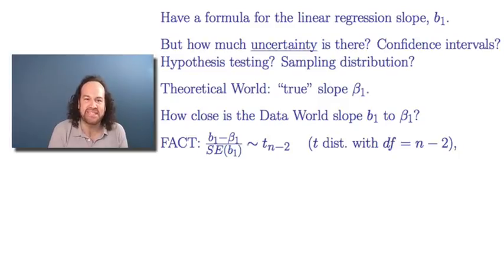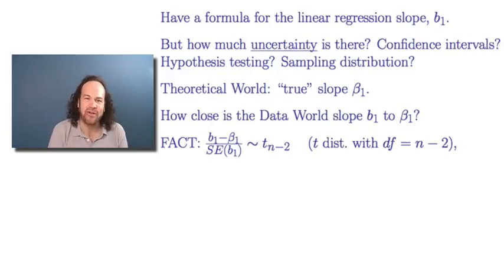In this case, it's a t-distribution with n-2 degrees of freedom. We kind of lose 1 degree because we don't know the slope and lose another degree because we don't know the intercept. Anyway, it's just a fact for us that this formula has a t-distribution with n-2 degrees of freedom.